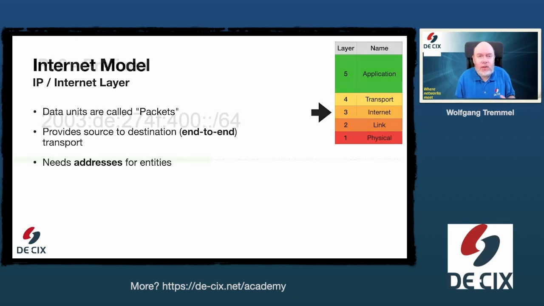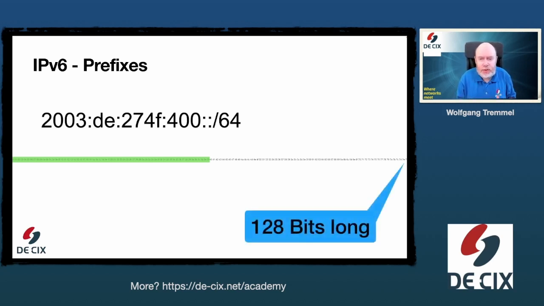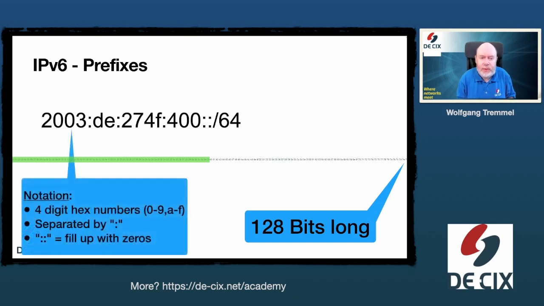And let's not talk about addresses, let's talk about prefixes. A prefix, an IPv6 prefix in this case, is just the network part of an address. So in this case, we have here a /64. That means we have 64 bits in the network part of the address. The whole address, of course, is 128 bits long, and the notation is well known, the hexadecimal numbers separated by the colon.